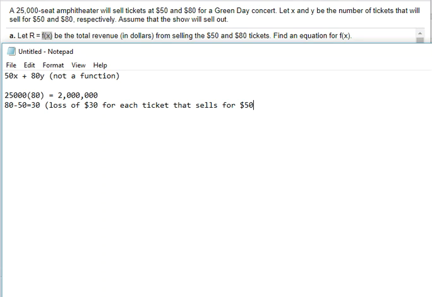So my function now, f of x, can be my revenue. My revenue is going to be 2 million minus 30 times x, where x is the number of tickets that sell for $50.